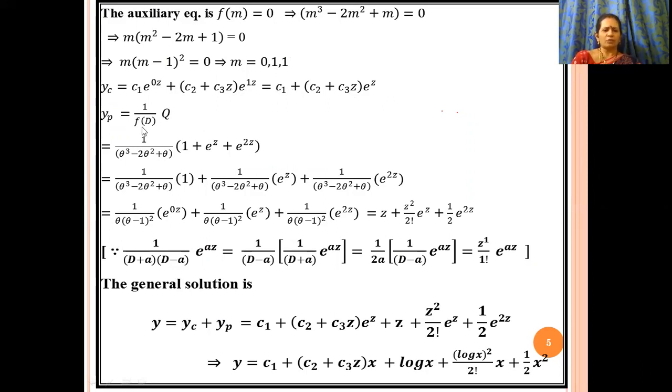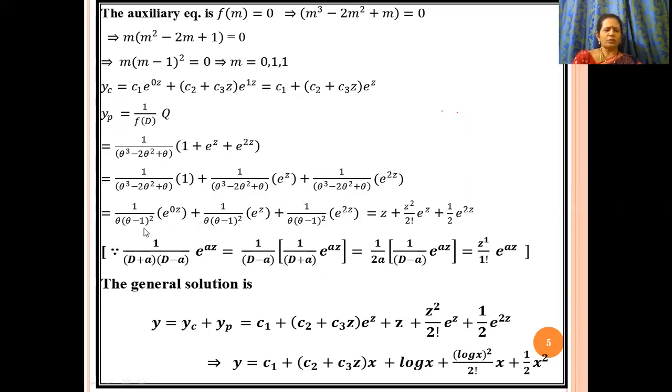Now after getting the complementary function, you have to find the y p, that is 1 by f of D into Q, where Q is 1 plus e power z plus e power 2z. Simplify and split the function, so that for each term, 1 can be written as e power 0z, and then e power z and e power 2z.